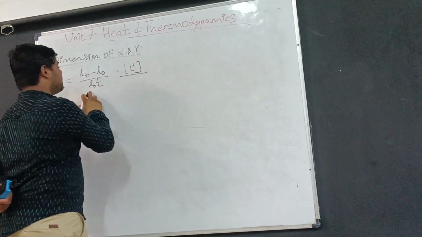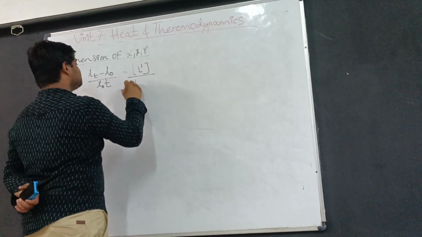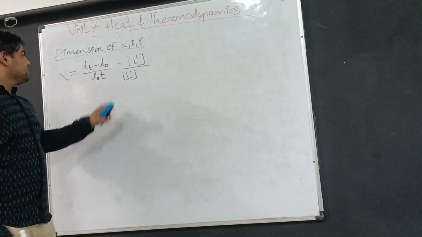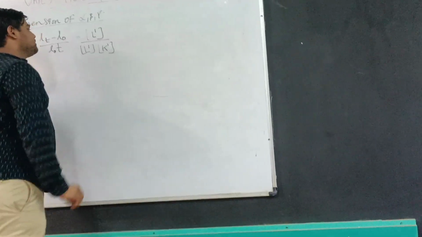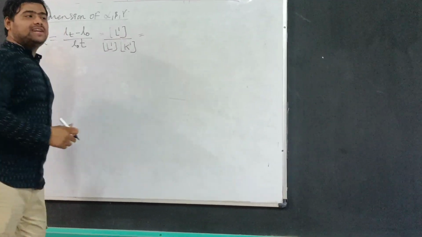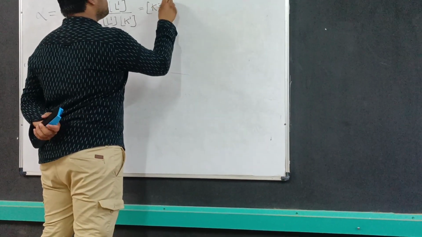In denominator we have L0 and T. So the dimension of L0 is simply L, and T is temperature, which is represented as K. So this L1 and L1 will cancel out and we will have the dimension as K to the power minus 1.